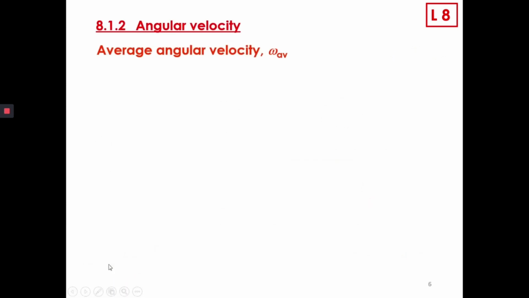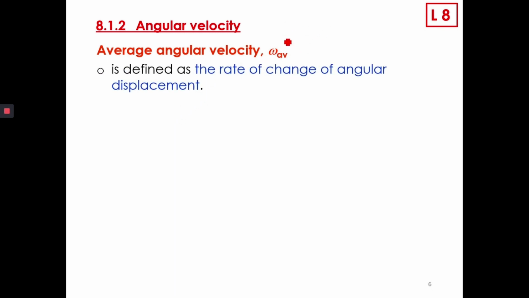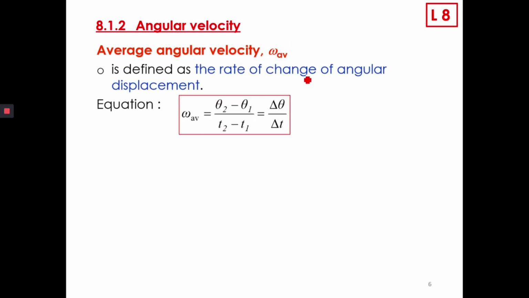Angular velocity, again we have learned this in chapter 6. Angular velocity is defined as the rate of change of angular displacement, which we can relate to linear velocity, v equals s over t.